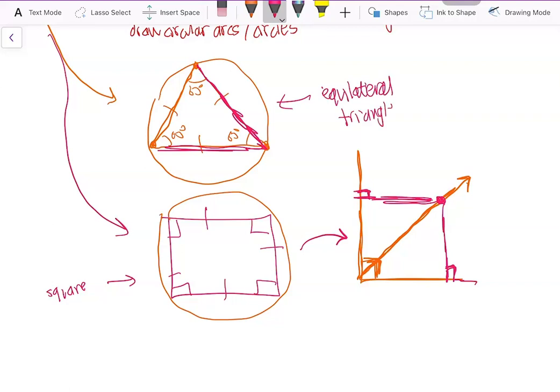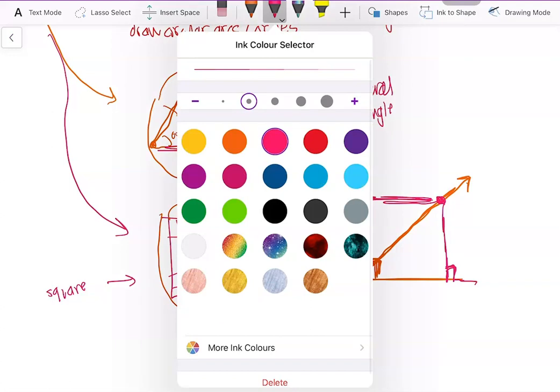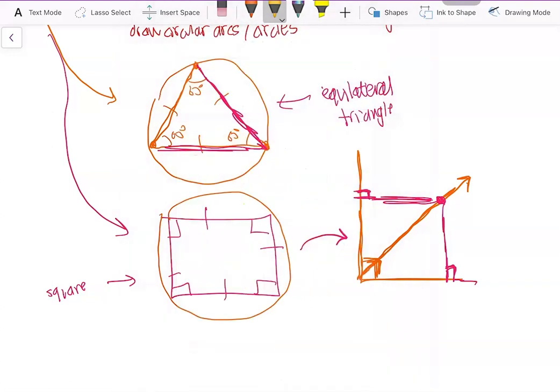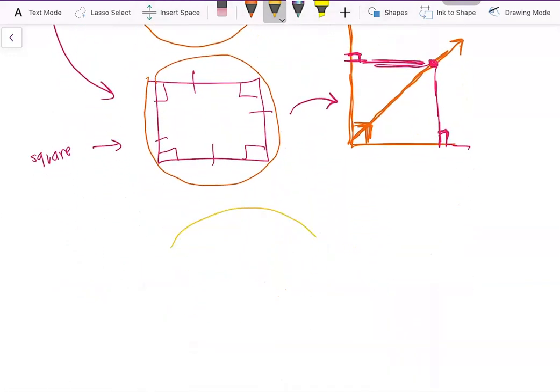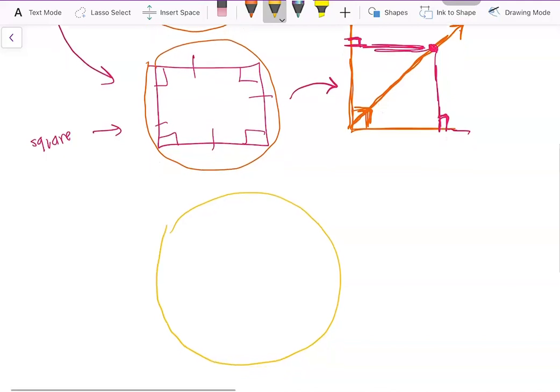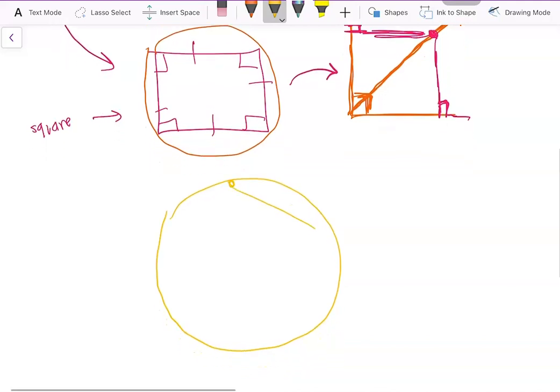Now we move on to a regular pentagon. A regular pentagon turns out to be a little bit trickier to construct, but it is possible to construct a regular pentagon using a compass and a straightedge. We have 5 equal sides and 108-degree angles.